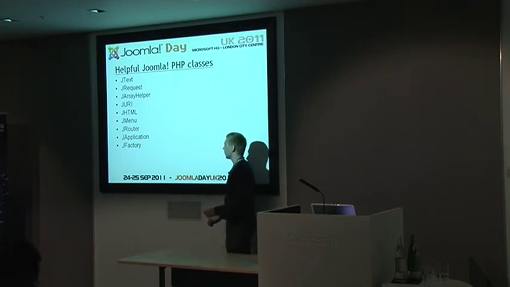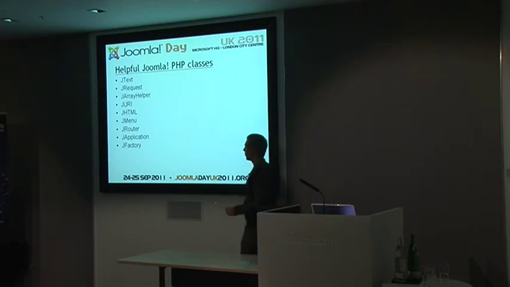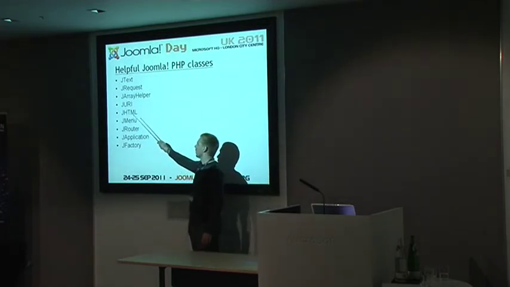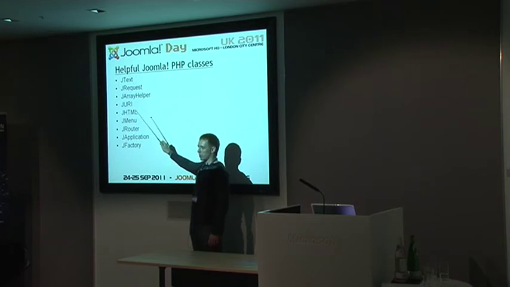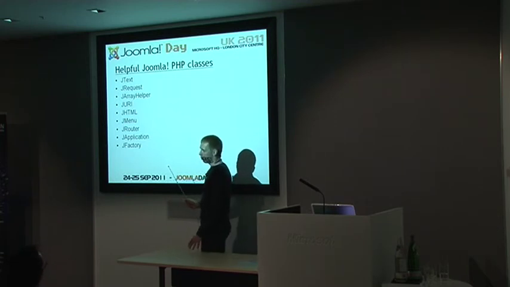GUri class, it's very important for the links. Actually, everything you can think of about the links is GUri related. You can get your current location on the page. For instance, if you want to show the user where he is at the moment, you can just use one of those methods of this class, and you will be able to show in your template what URL is typed in the browser window at the moment.